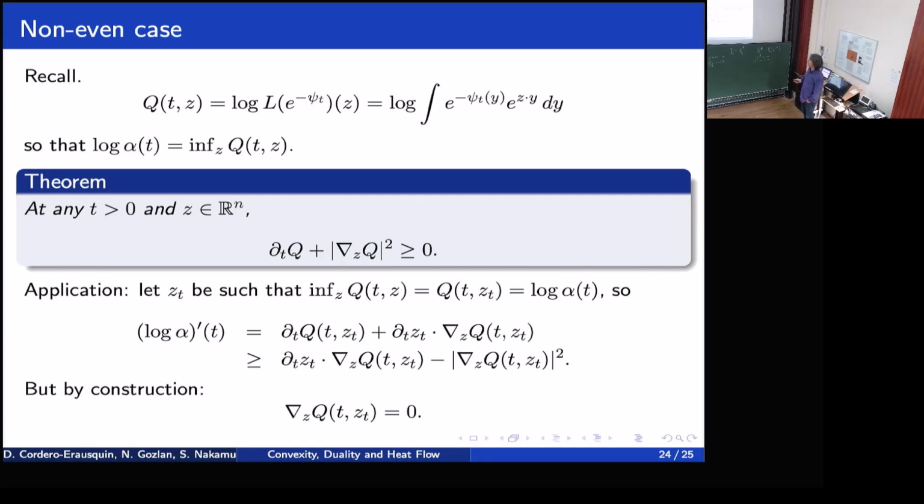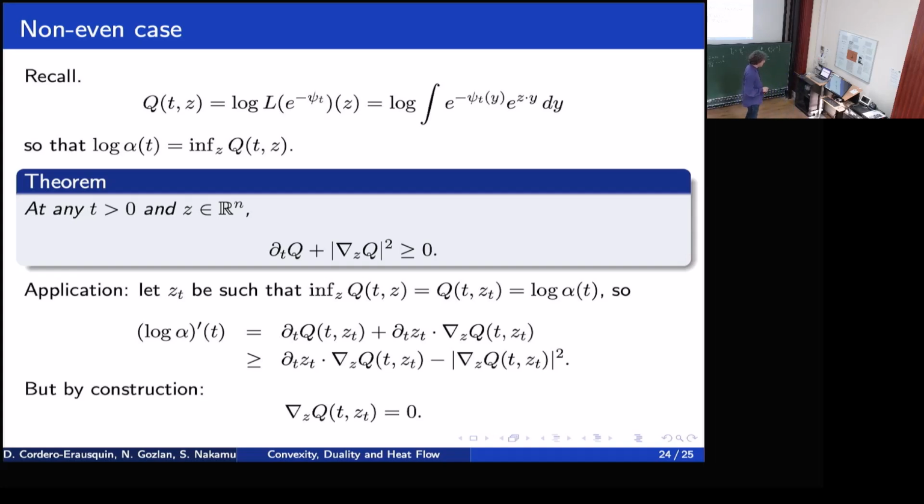And I use my previous computation, so this is bigger than the derivative in t of Q, and then I replace the d_t Q by minus the gradient in z at point t, Z_t of this. Okay, but you see, because I am at the infimum in z, the gradient is 0. So this term is 0, and this term is also 0. And this gives you the proof.